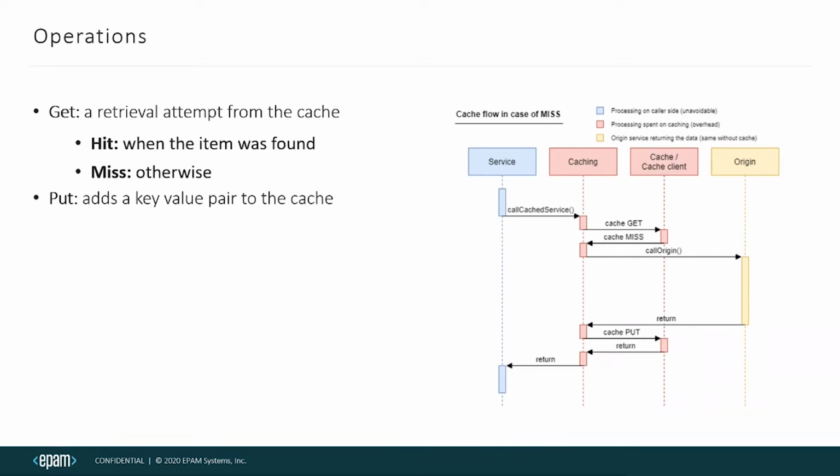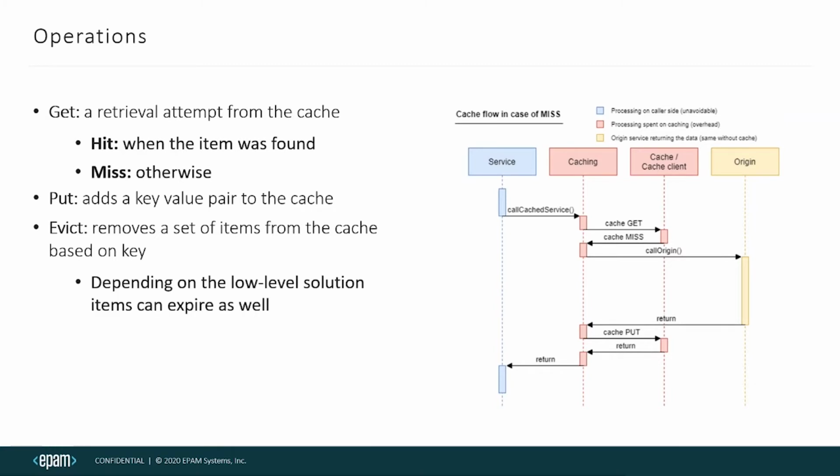There is an opposite operation called evict, which is basically undoing the result of a put. So you can remove something from the cache based on the cache key. Also, depending on your low-level solution, it can happen that it implements a way for expiry. This means that you can tell it that please cache this for me, but only for 10 minutes or a day or an hour or whatever.